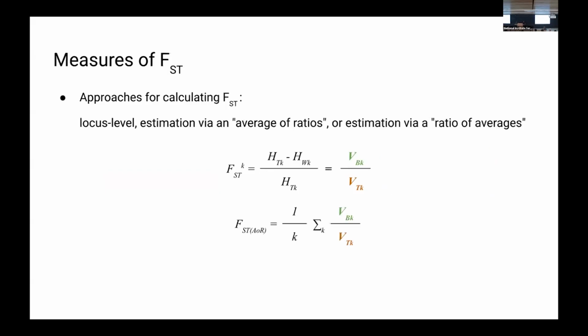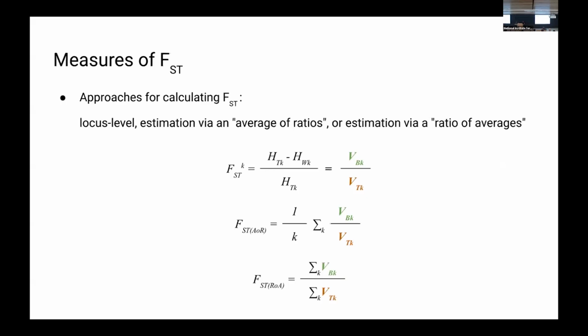After that, to compute an overall FST, we have to gather information across all the loci that we have targeted. A very intuitive way is to calculate FST via an average of ratios approach, where we just take the average of all the FSTs measured across the loci.